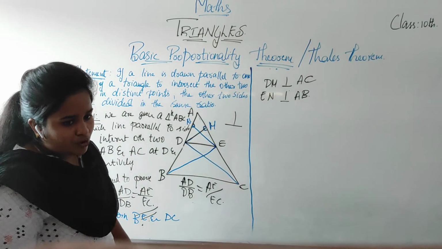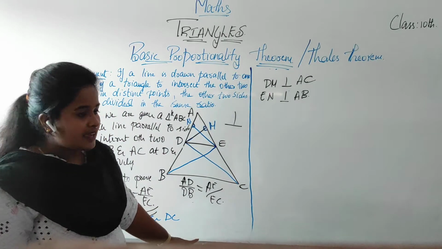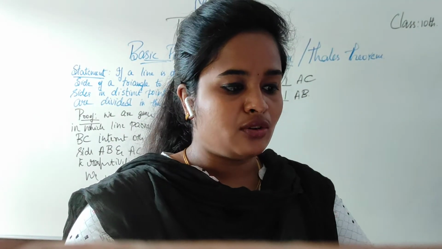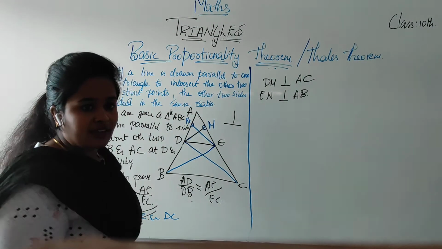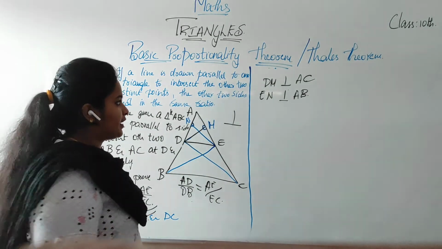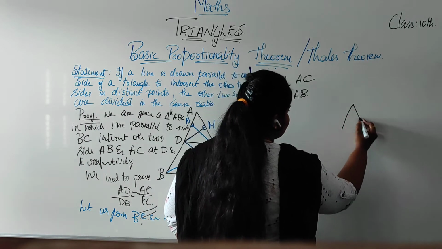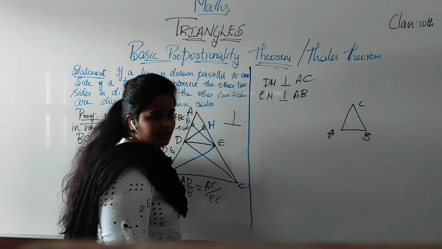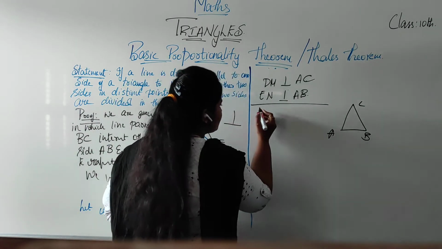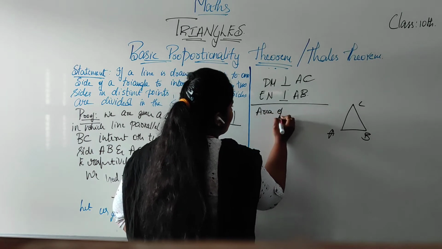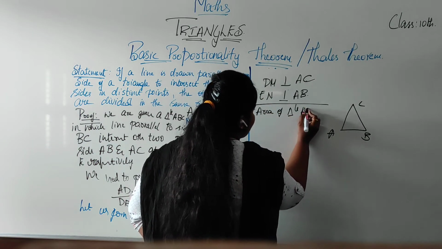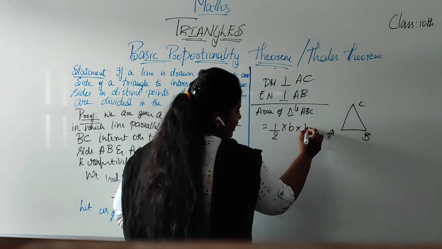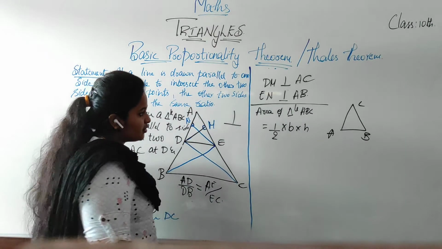Before going to prove this theorem, we need to know how to calculate the area of a triangle. So for example, this is a triangle ABC. To find the area of the triangle, the formula is half into base into height.